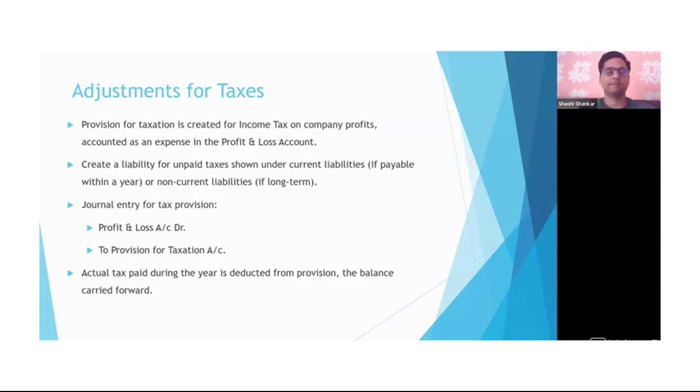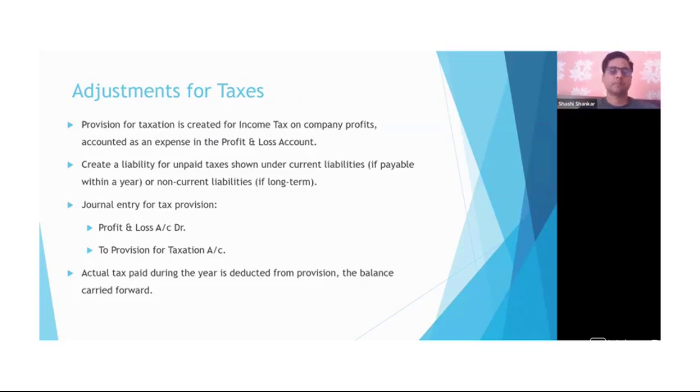It also creates a liability for unpaid taxes shown under current liabilities. That means anything payable within the year can be shown on the liability side of the balance sheet, or under non-current if long term.